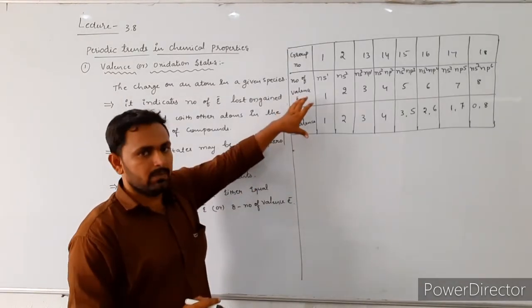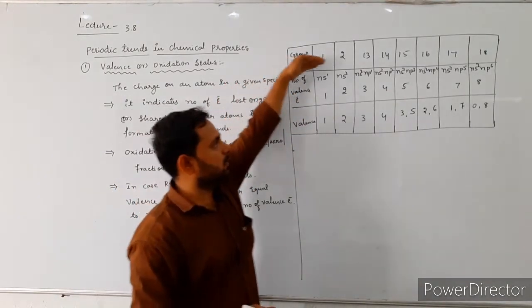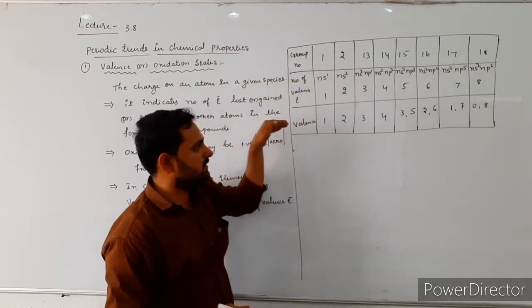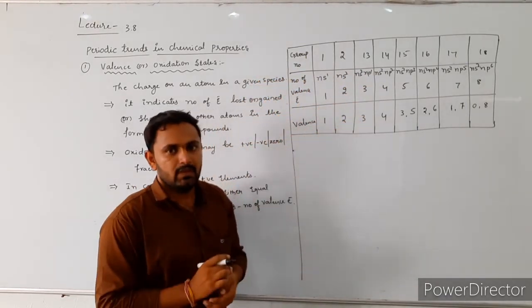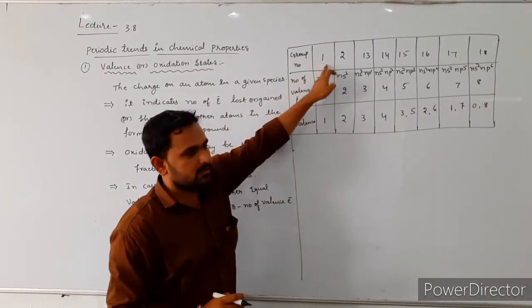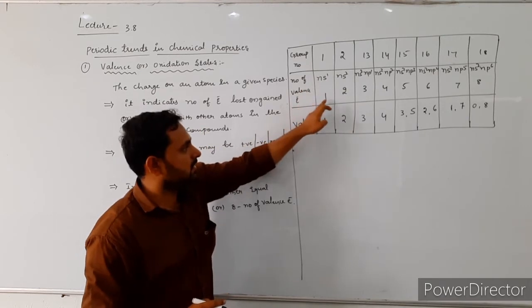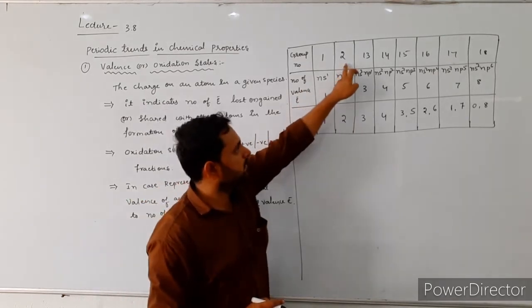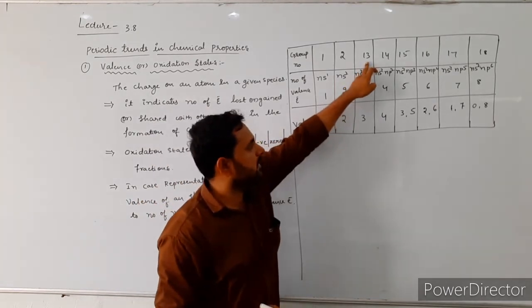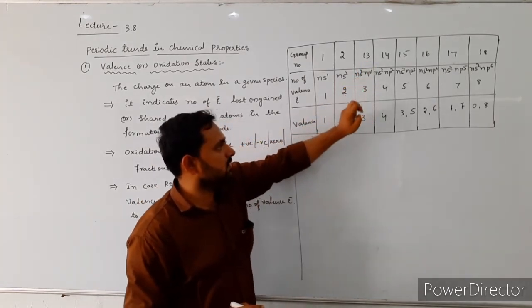This is the tabular column. In the tabular column, these are group numbers, these are the number of valence electrons, and these are valence. In group 1 elements, the number of valence electrons is 1. In group 2, it is 2. In group 13, 3.